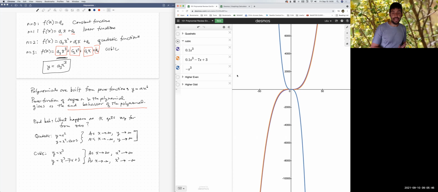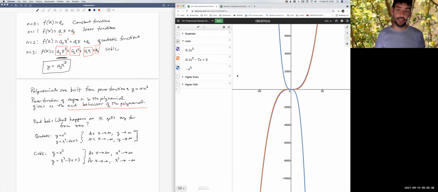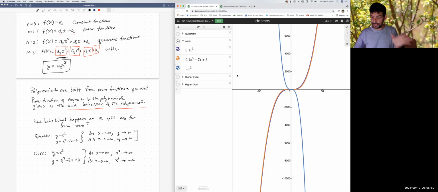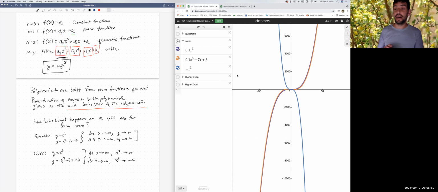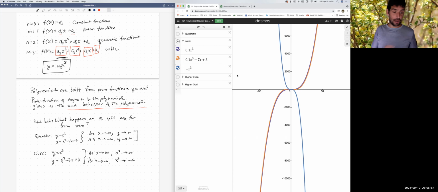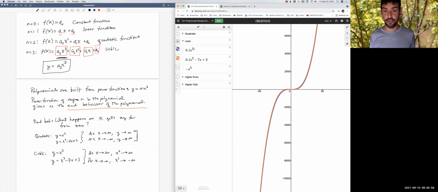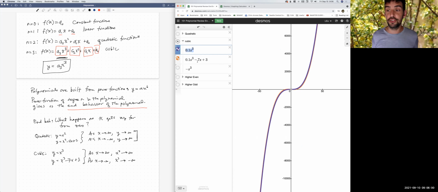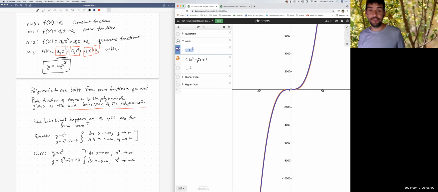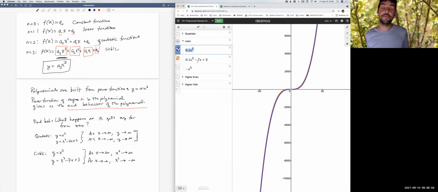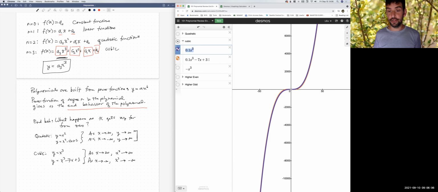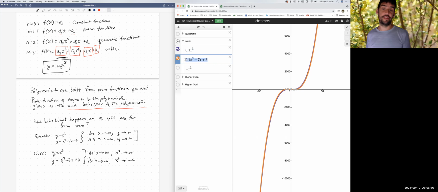So the end behavior of these functions is completely determined by that power function at the front. In this case, this power function 0.1x cubed, if we understand the end behavior of it, we understand the end behavior of the whole polynomial that begins with that.